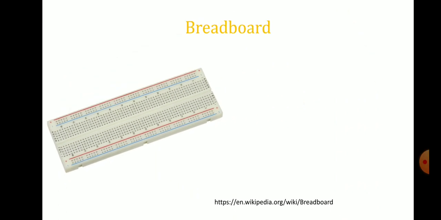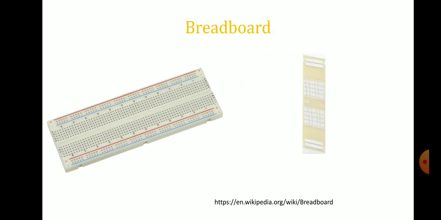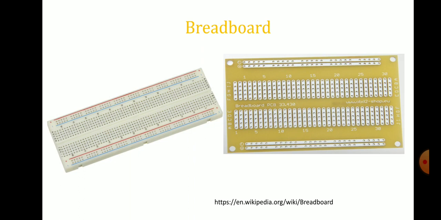If we remove the back panel of this breadboard and look at the configuration, it will look like this. See, the bottom two lines are connected together, and the top two lines too, so we can use them for power supply, if we need to take power supply many times at different places. For example, if we are using one IC, pin number 7 has to be connected to the ground, and pin number 14 has to be connected to the positive supply.